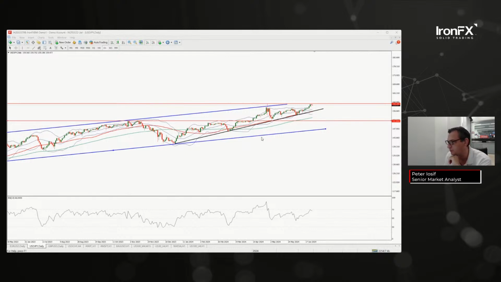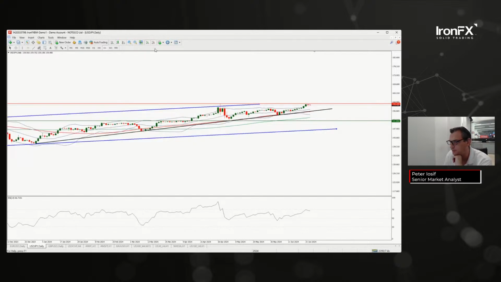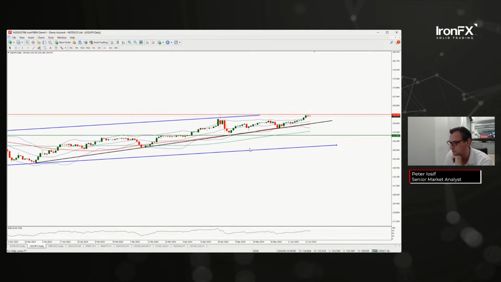And that's at 151.85. In green. Zooming in. Okay.